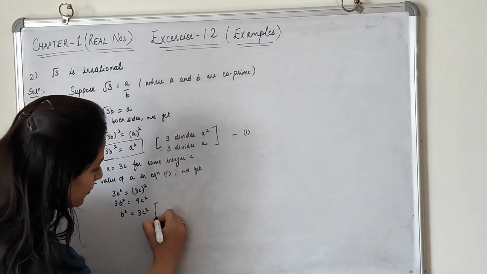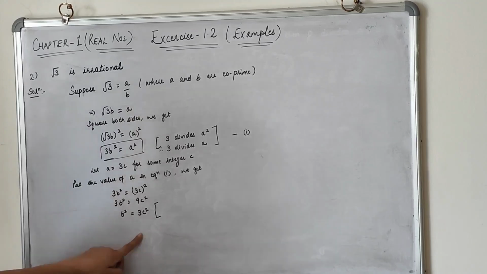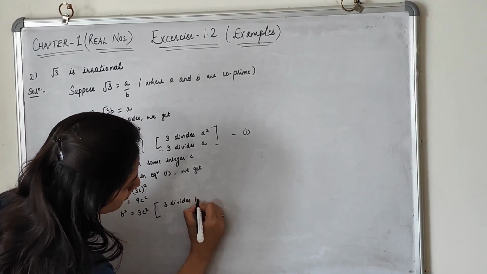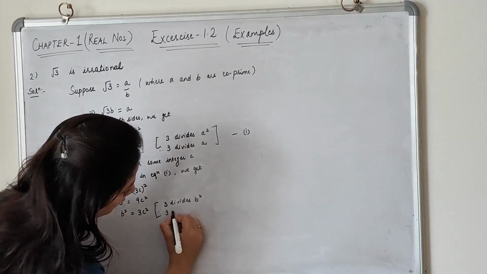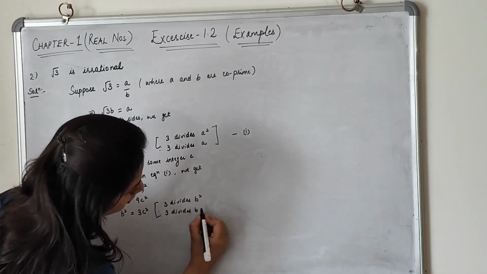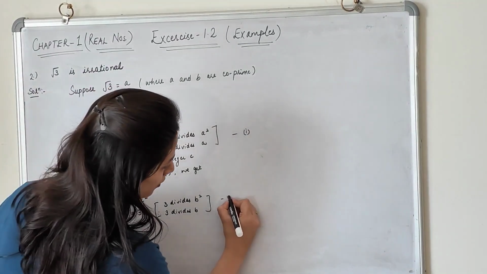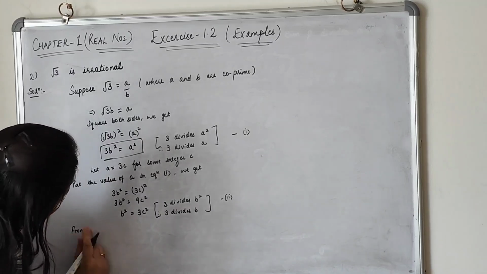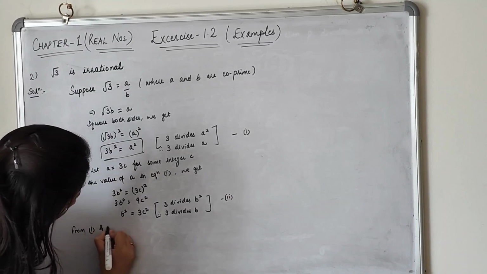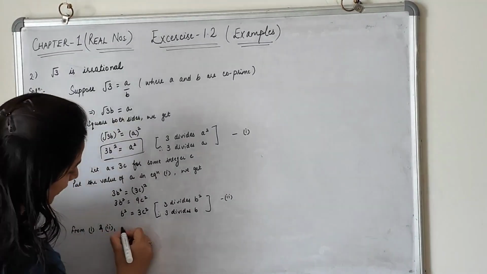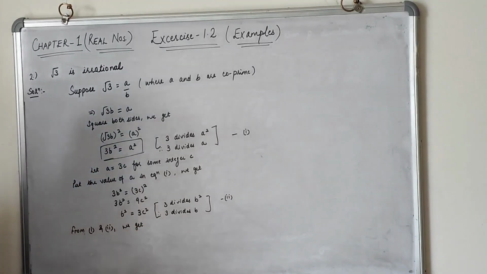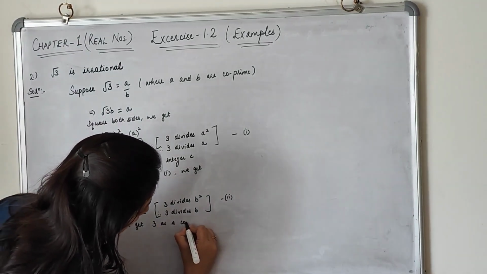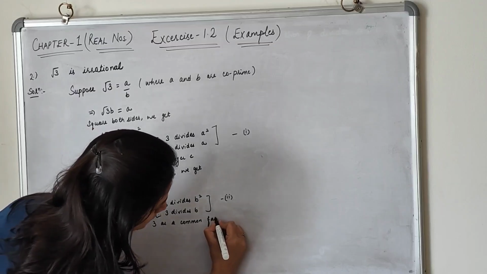Here what you observe? B square is divisible by 3. 3 divides B square, therefore 3 divides B also. Make it second equation. From 1 and 2 we get 3 as a common factor.